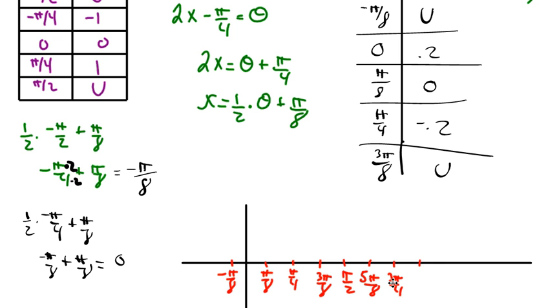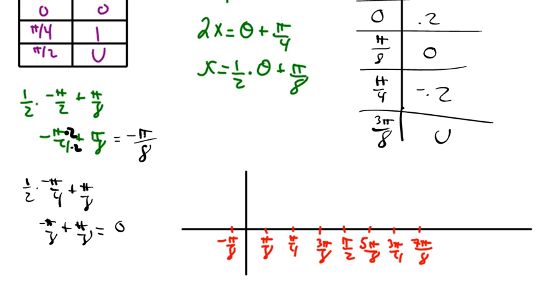So 5, 6, and then 7 pi over 8. Basically I'm just continuing the pattern so that I can have 2 full cycles here. And I'm just going to call this right here 0.2. Again, you can make your own scale there.